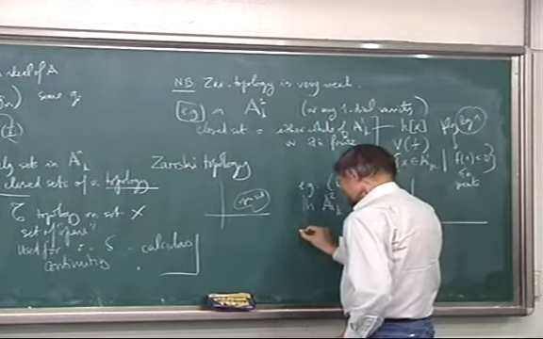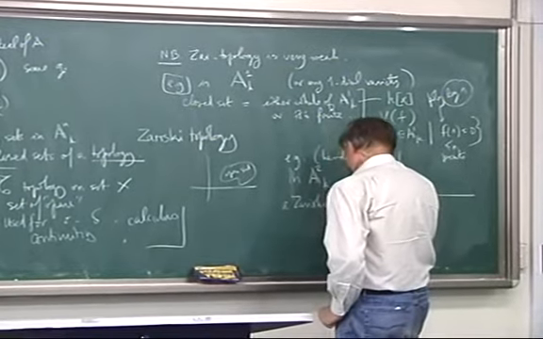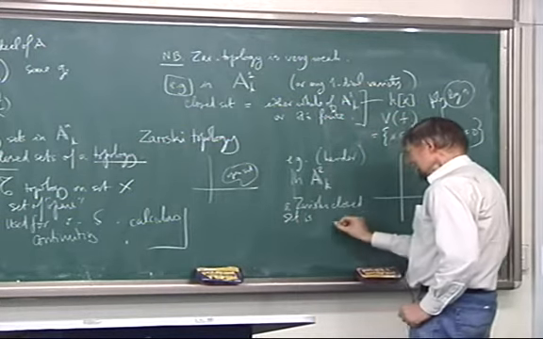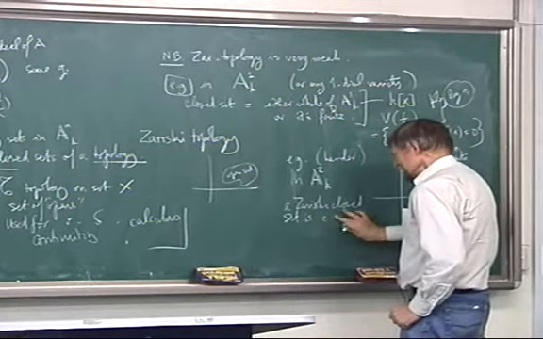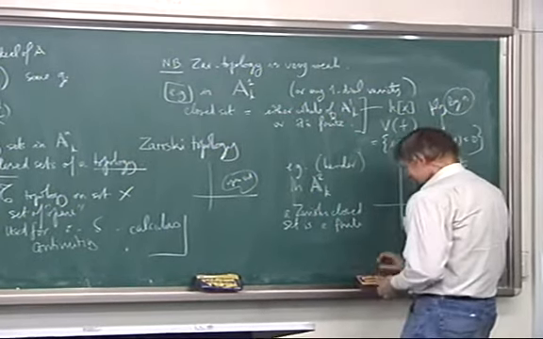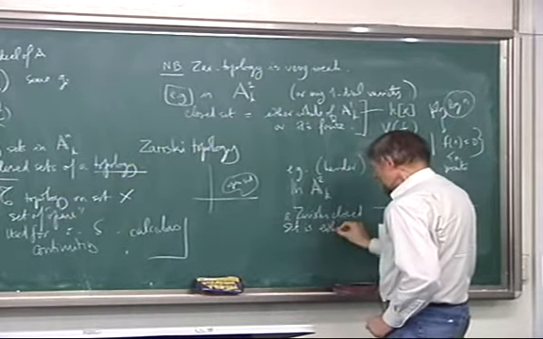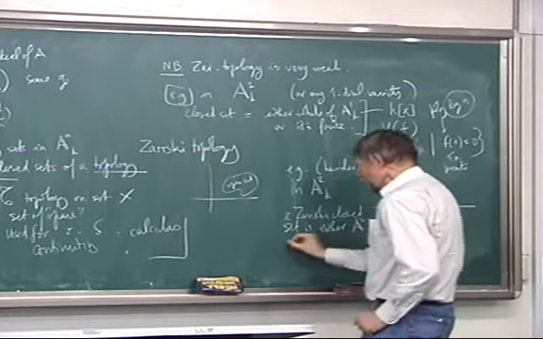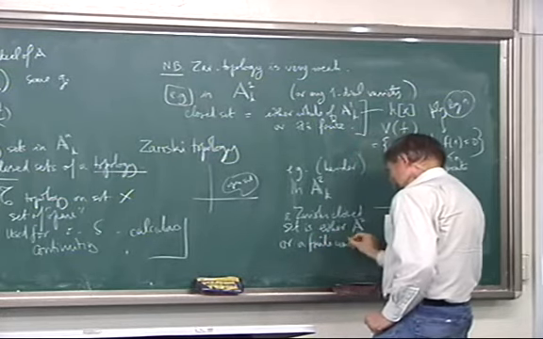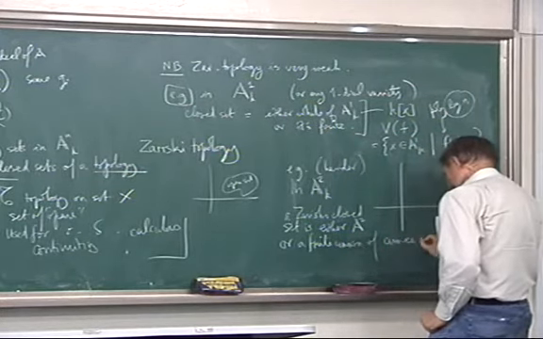A Zariski closed set is either the whole of A2 or a finite union of curves and points, of curves and points.